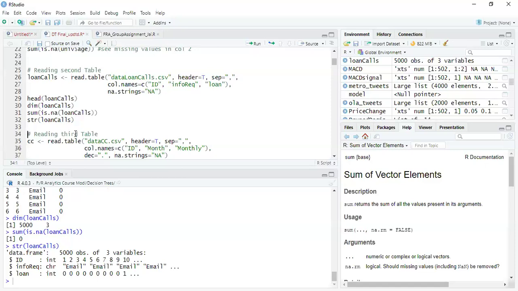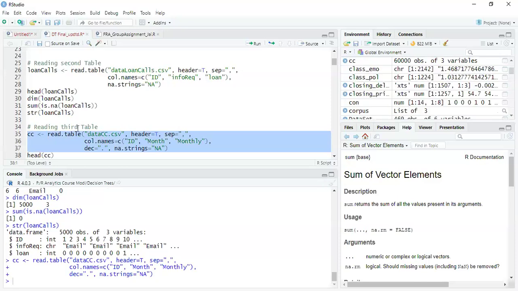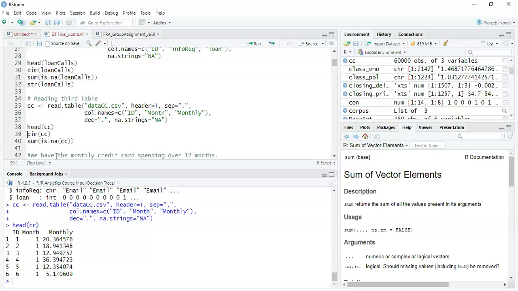Let us quickly look at the third and fourth tables, and we will stop here. In the coming class, we will proceed further. So credit card data, I am storing it as CC because I don't want to put bigger names, since I use it often within the coding, so it will eat my time. So I keep it short.